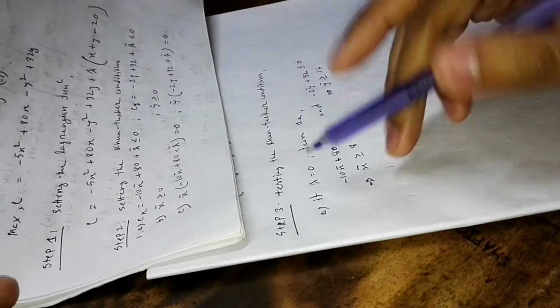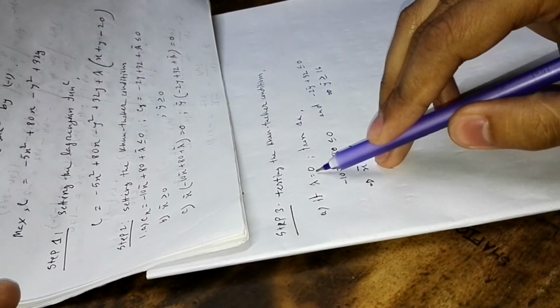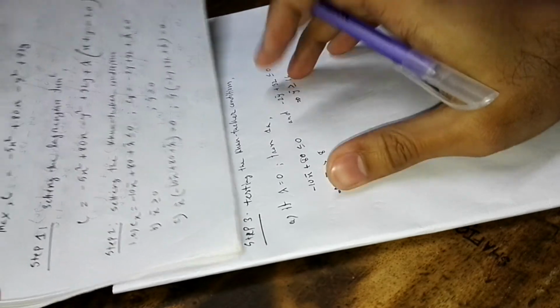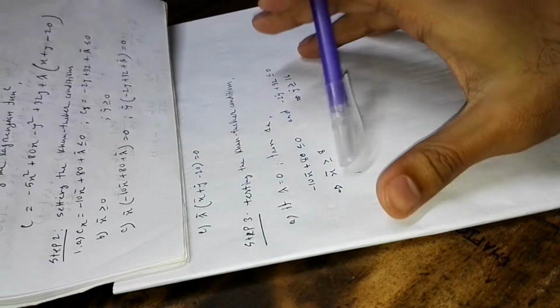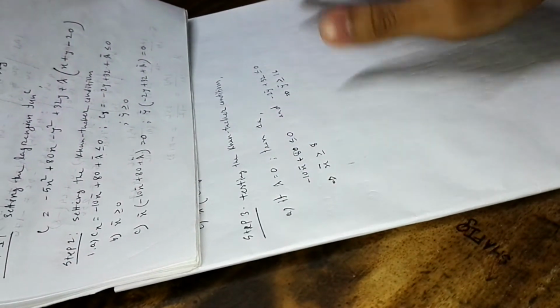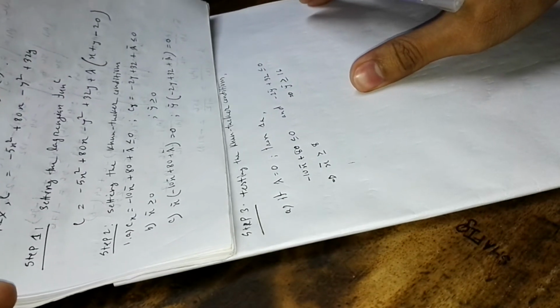That means there is a possibility that lambda can be equal to 0, because it is also supporting the initial condition, and it's also not breaking any kind of Kuhn-Tucker condition. So we can say that lambda can be equal to 0, right?